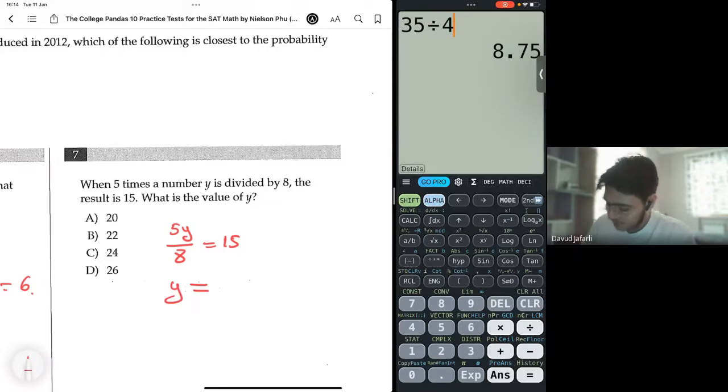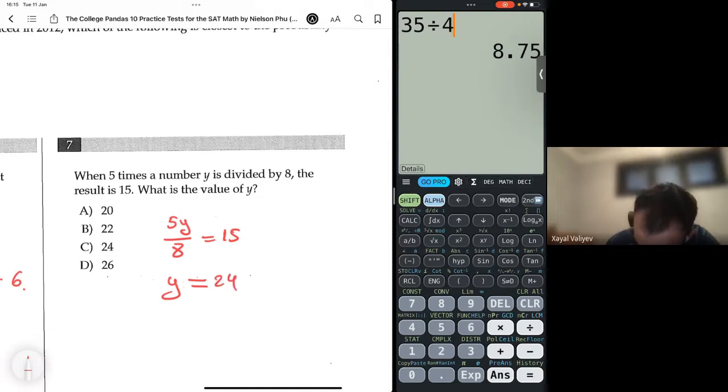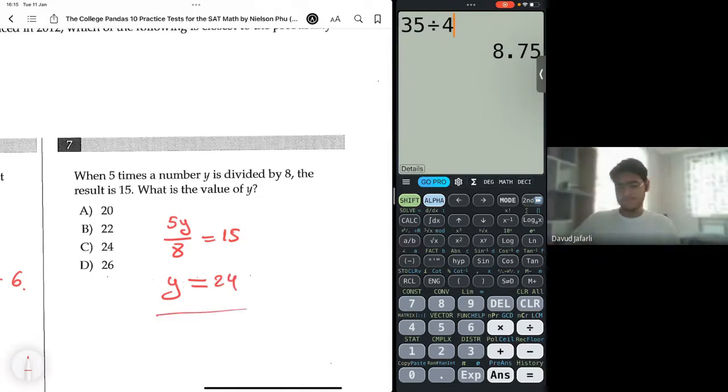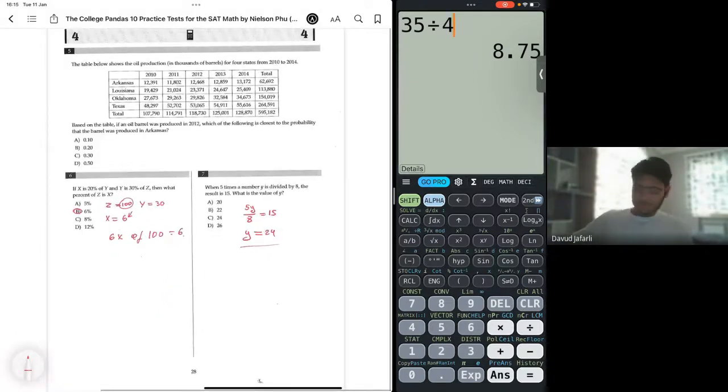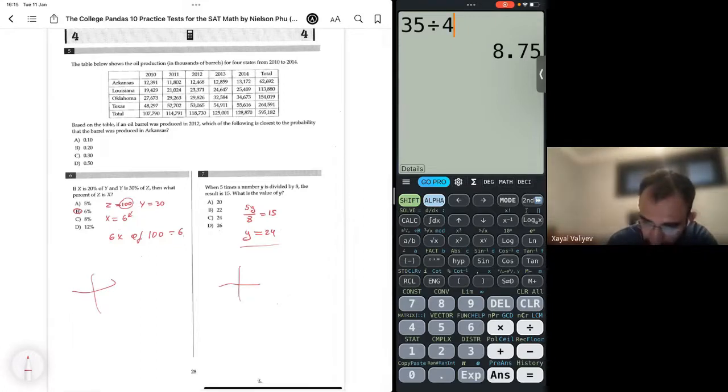So, 5y equals 120, y equals... 6, no, 20, no, 25. One second. 24, isn't it? Yeah, 6 and 7. Easy, right?